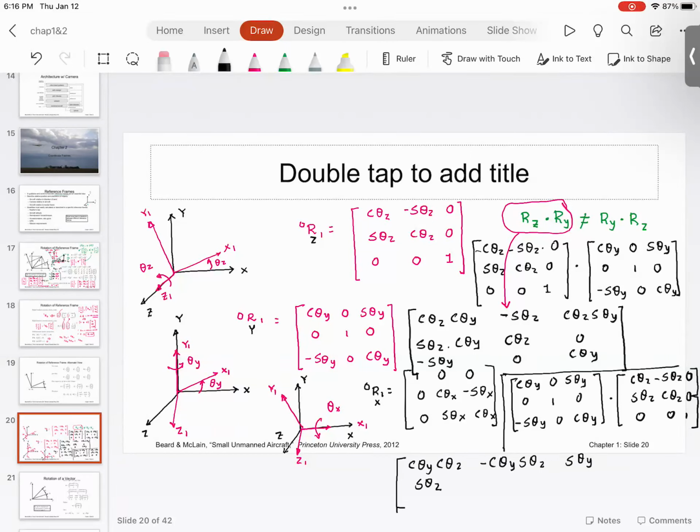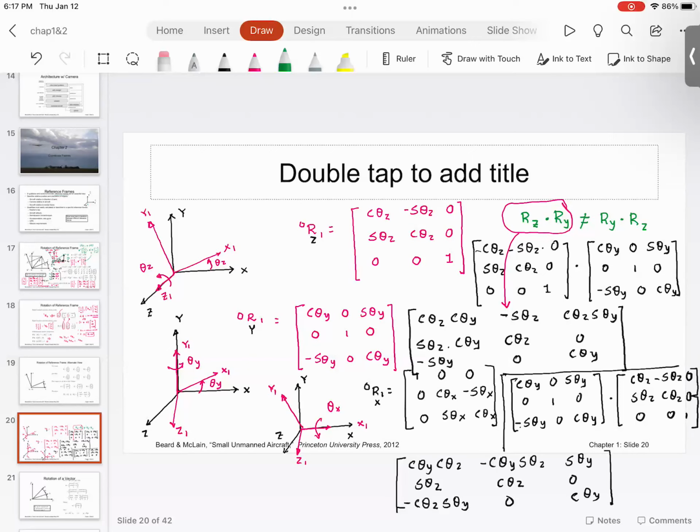Then I get cosine theta z. And then the last term here, I get 0. And the last row, I get cosine theta z, sine theta y with a negative sign. Then I get 0. And I get cosine theta y. Do you agree with me?